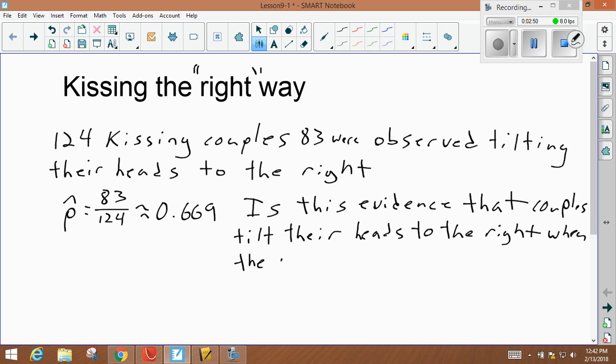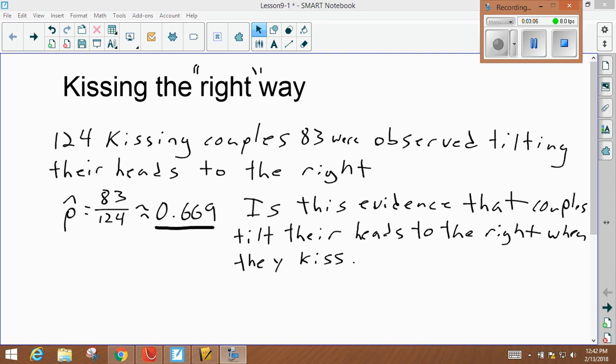So I've set up a simulation that will help us determine whether a statistic as great as this could happen just by chance.